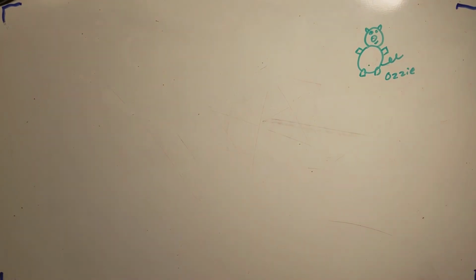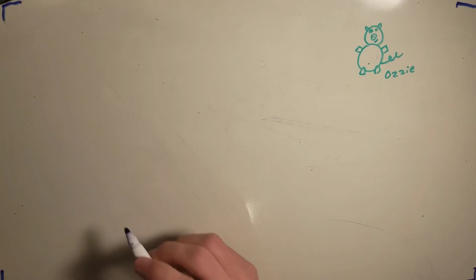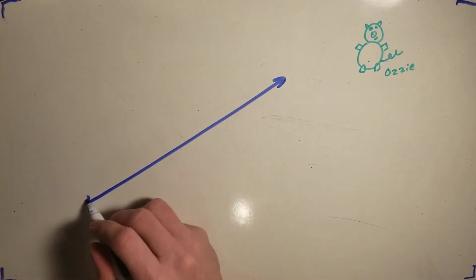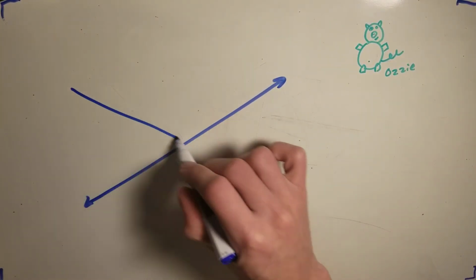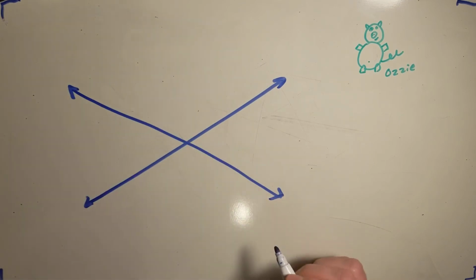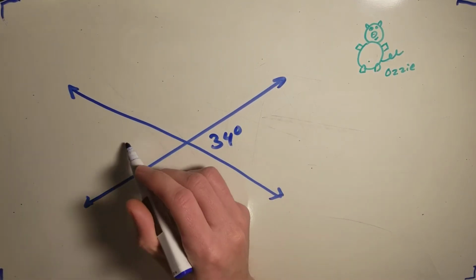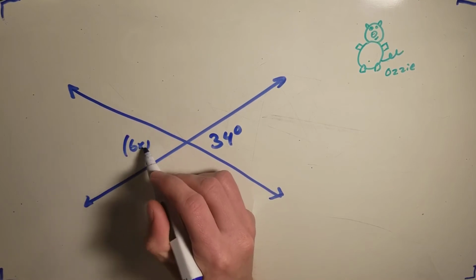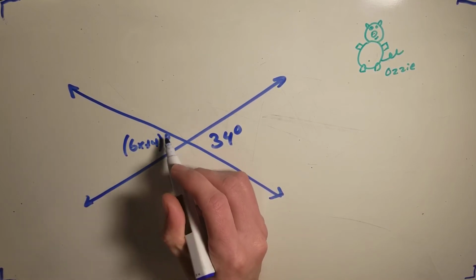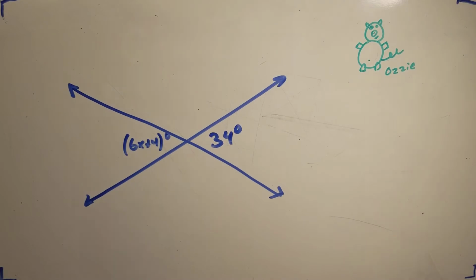Our second example is going to be working with vertical angles again. The information is a little bit different this time. We're given this angle is 34 degrees, and this angle is 6x plus 4 degrees. Very similar to the last one, we can make an equation from this.